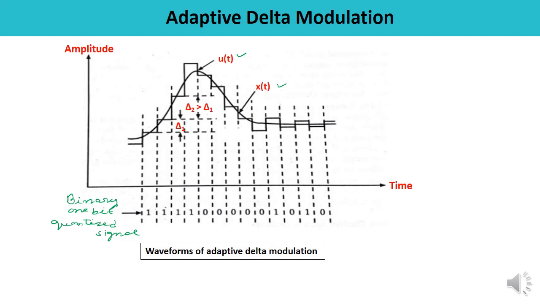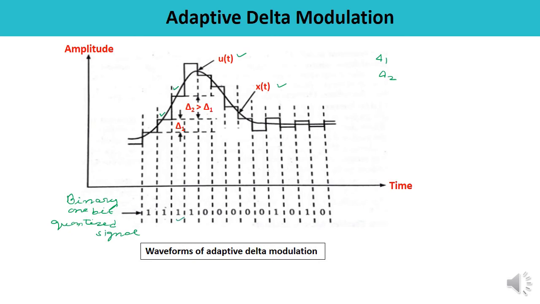Here you can observe in this particular diagram 2 different step sizes have been taken, delta 1 and delta 2. So here you can observe when the signal is moving from this particular place to this place, there is an increase in the step size, right? It means here delta 2 is greater than delta 1. 1 is being transmitted in this particular case.